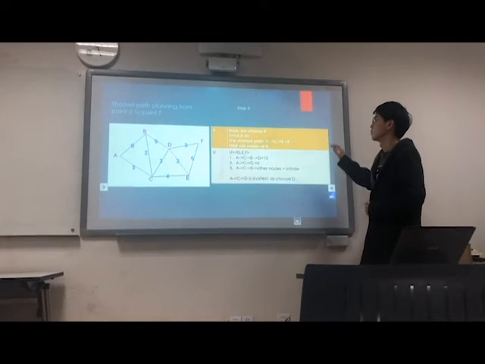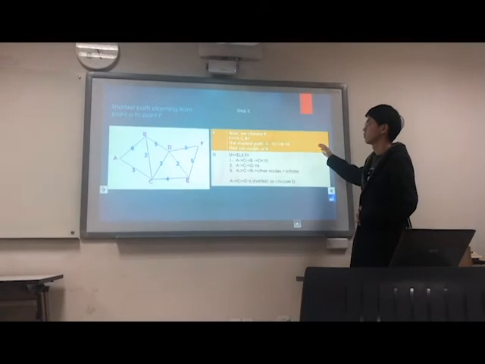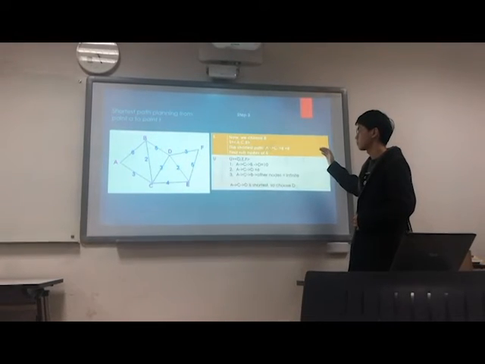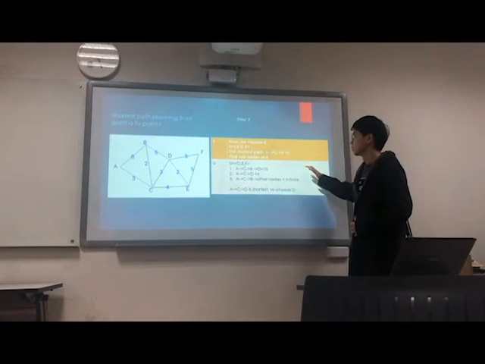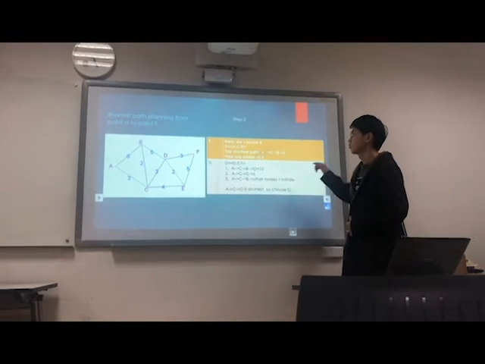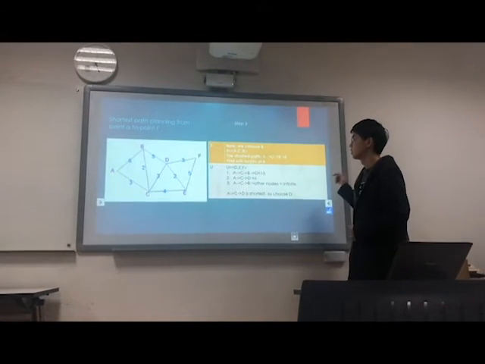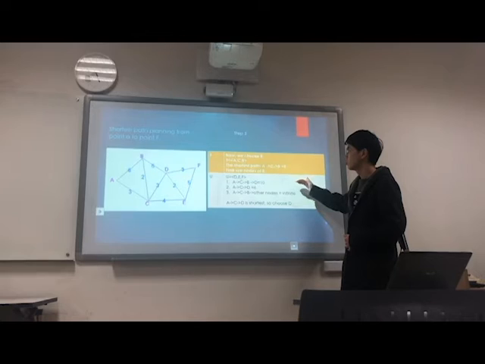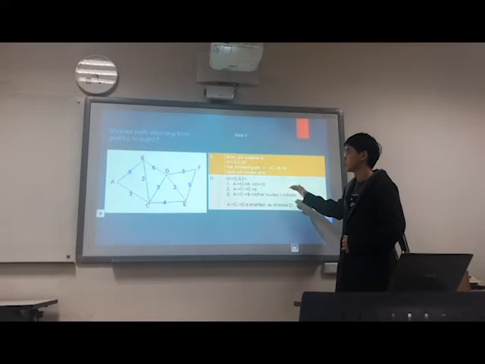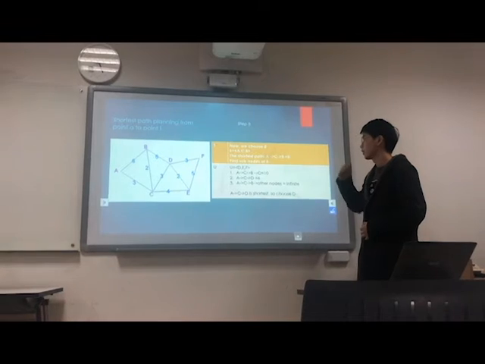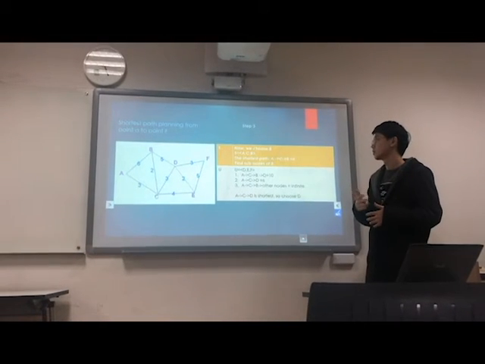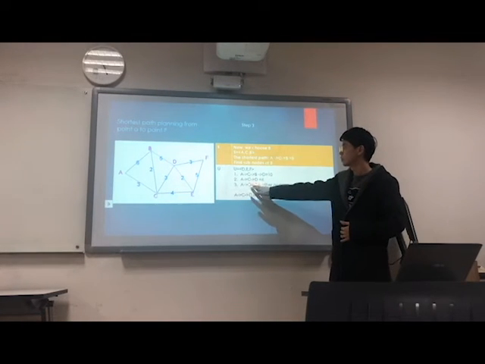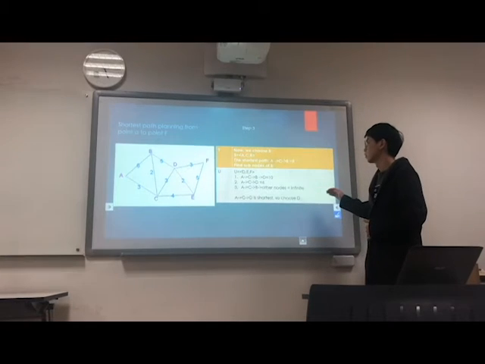Step 3, in the S table we have A, C, and B, and we find the subnodes of B. This time, we try to arrive at D or E, and there are 2 ways: A to C to B to D, and A to C to D. Last time we found B is the shortest, but this time passing B from C to D, it's not the shortest.